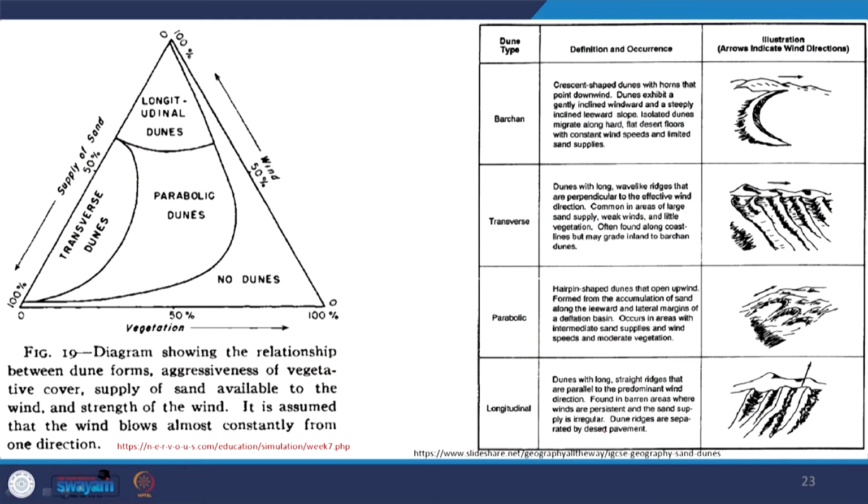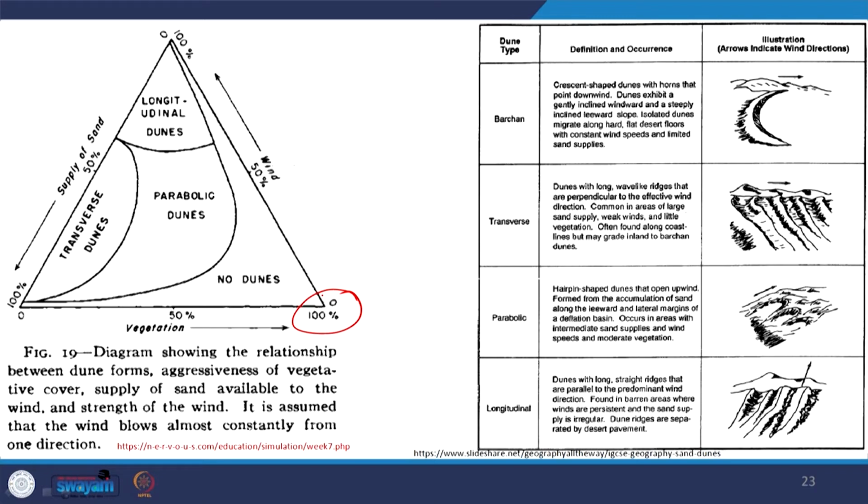And here, as we are expecting, there are three main factors responsible for dune form, and their effective role is discussed here. Now, you see we have a triangle having three vertices. One is 100% vegetation, that means we are allowing a dune to stabilize, or it is a stabilized area.